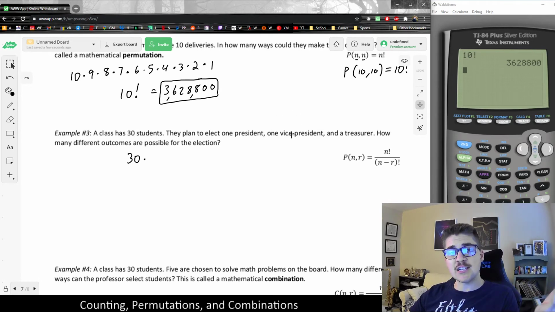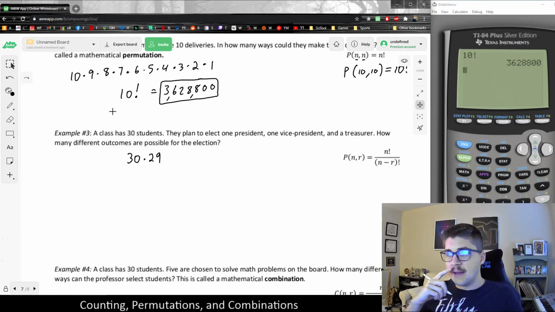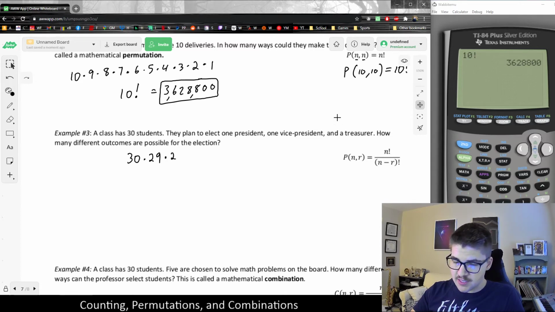As we're electing a vice president, now there's only 29 students left in the class to choose from because 1 has been selected as president. And basically, this would leave us with 29 choices for vice president. And then when we come down to treasurer, well, now we've elected 2 already, so that leaves 28 for our last selection. And this would be the answer to how many outcomes could we have to this election?